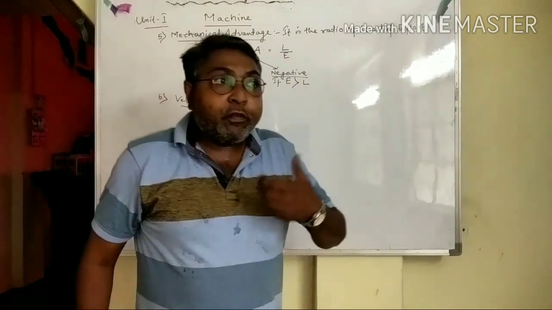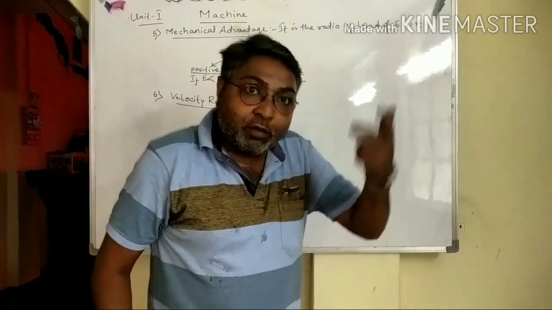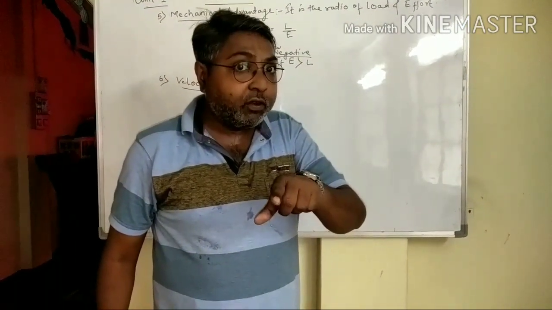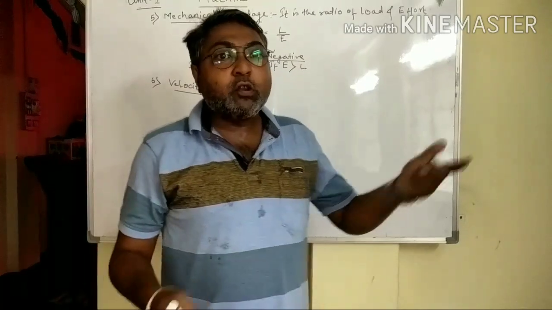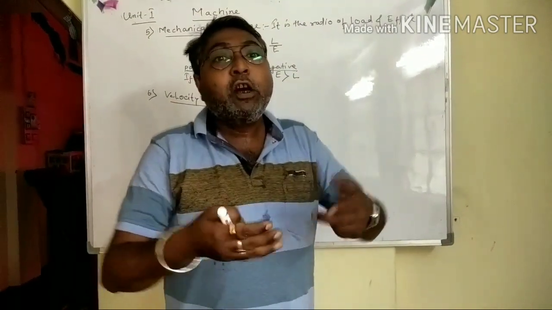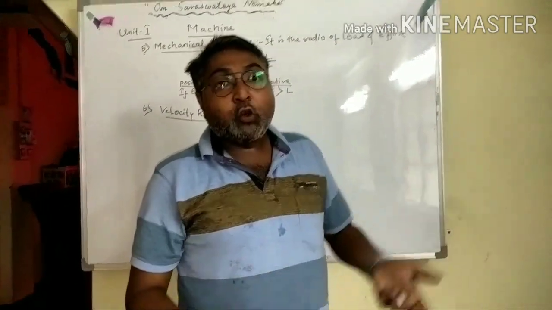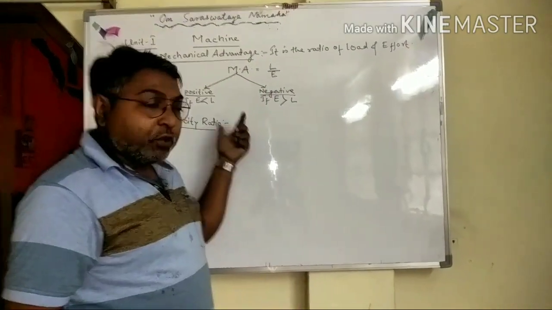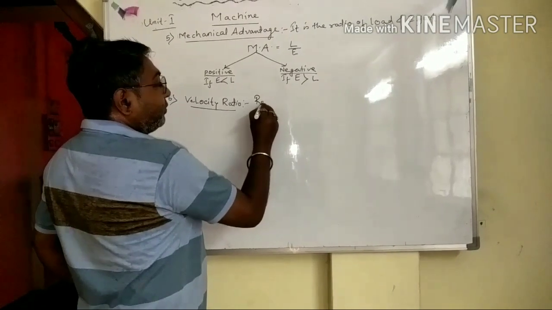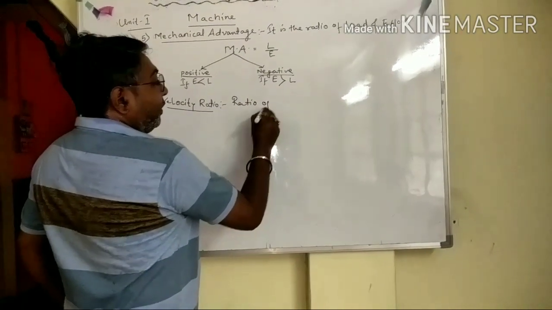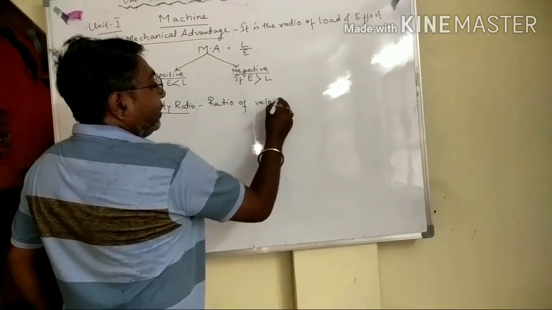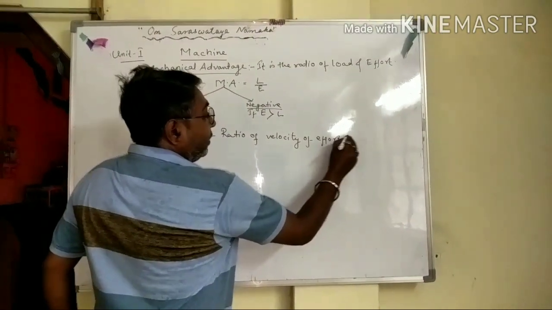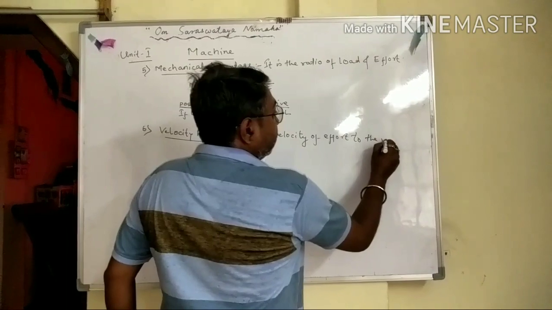So with what velocity you have applied the effort, and since you have applied the effort with a certain velocity, obviously the load is also moving or getting lifted up with a certain velocity. So it is nothing but the ratio of velocity of effort to the velocity of load.